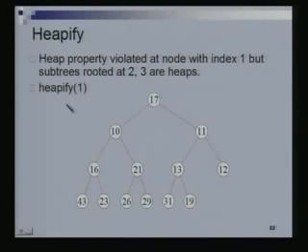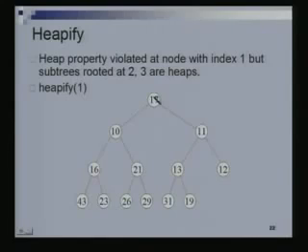So, we would invoke heapify with 1 because we want to make this entire thing a heap. For heapify, remember, we require that whichever node heapify is invoked on, the subtrees rooted at the two children of that node are already heaps.